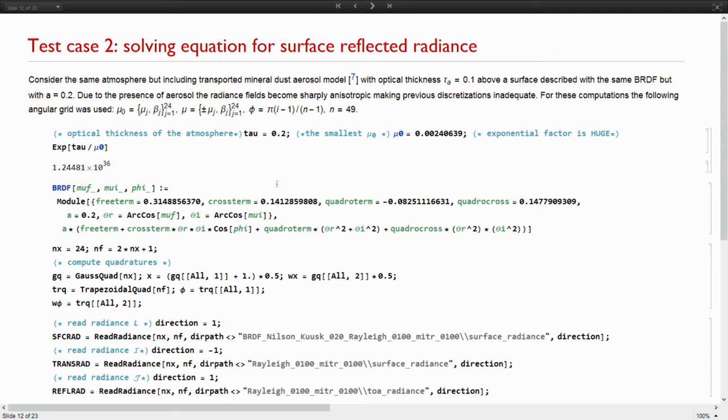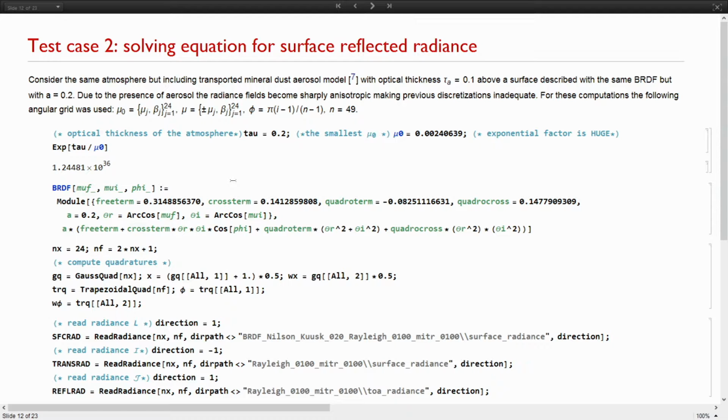And I will not perform any computations here now. I just want to show that the exponential factor I talked about is really, really huge. And unfortunately, the iterative process does not converge with any relaxation parameter. I tried many of them.